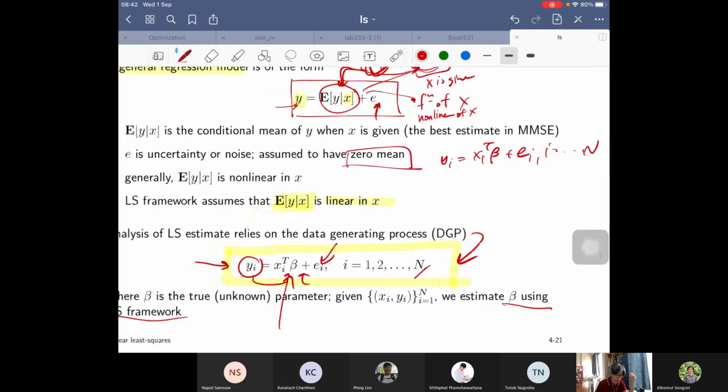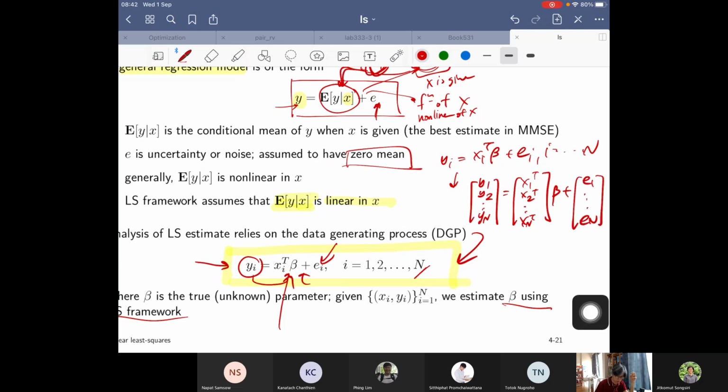But a lot of times I would also use the vector form, which means I'm going to stack all these observations into vectors. That is our vector notation. So I'm going to switch between these two forms all the time.